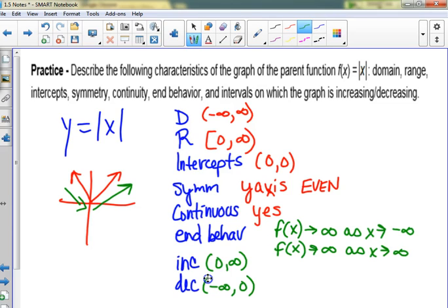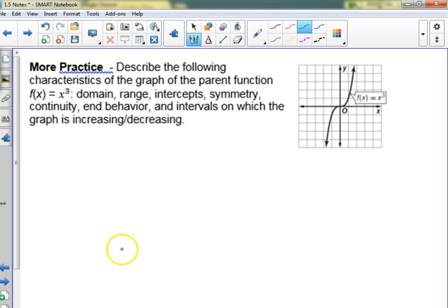And remember, increasing, decreasing, you never need a bracket. It's just a parenthesis. Same with concave up, concave down, which this graph is not, it has no concavity. It's not a curve. All right, I'm going to give you 1 minute and 10 seconds. Can you do all of them for this one?